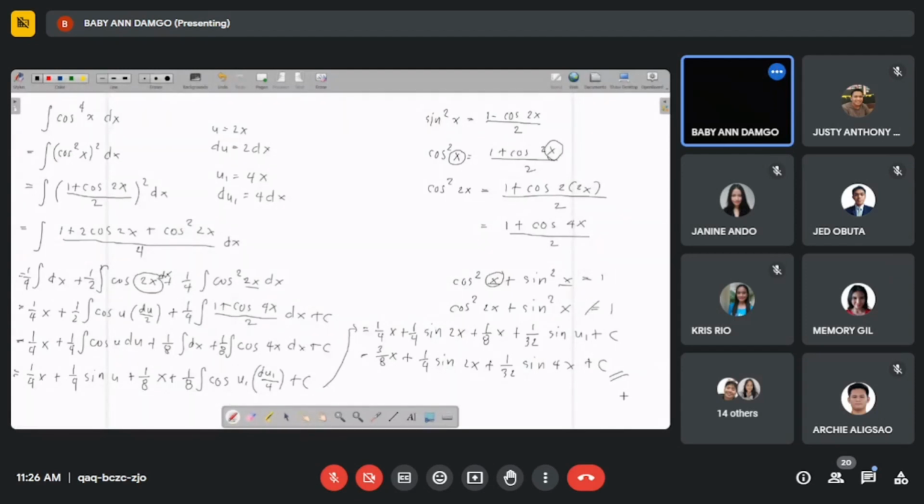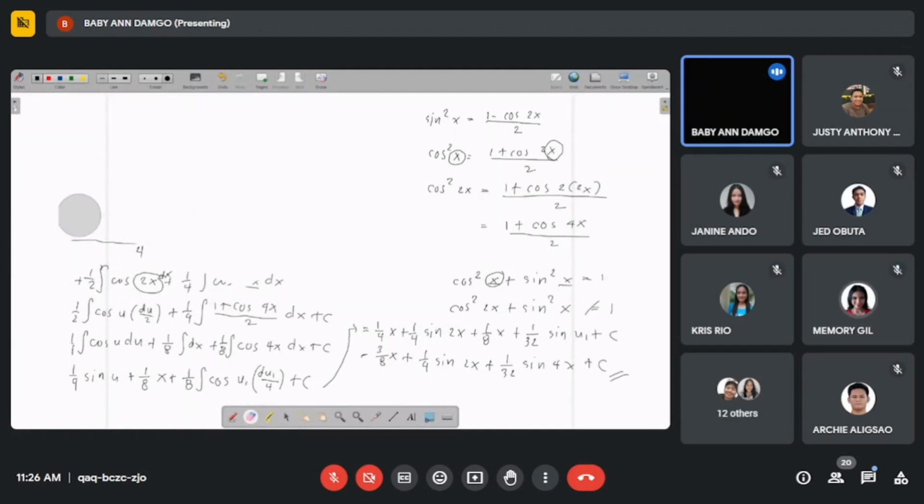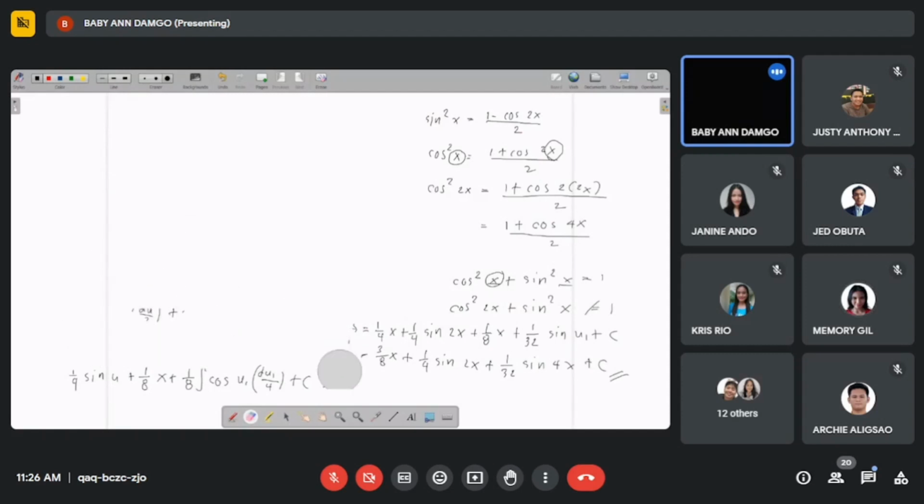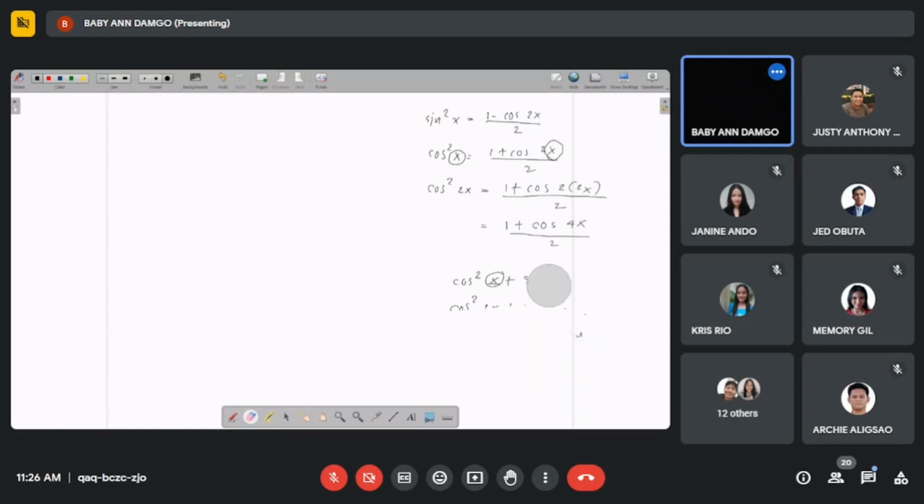Okay. Yes, Miss. Another case is, what if it is a product and the power is a positive even integer? Okay, so the integration of cosine squared x sine squared x dx.